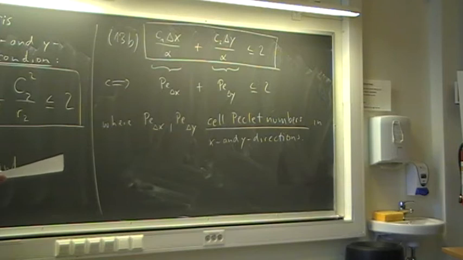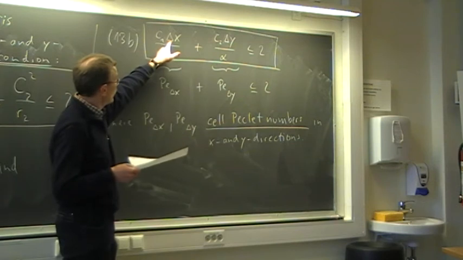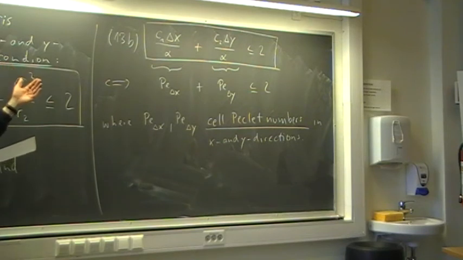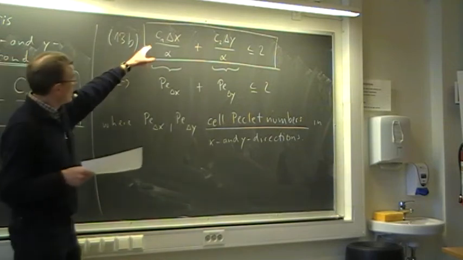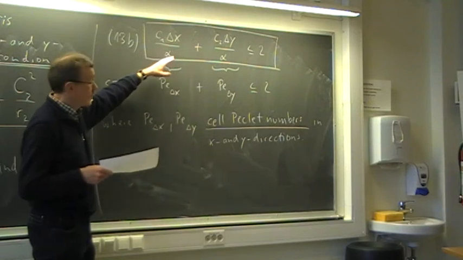If we characterize it with a convection, with the characteristic length scale of the grid spacing, divided by the diffusion, so it's also a ratio of convection to diffusion, but based on the grid spacing. So they have to fulfill this condition.